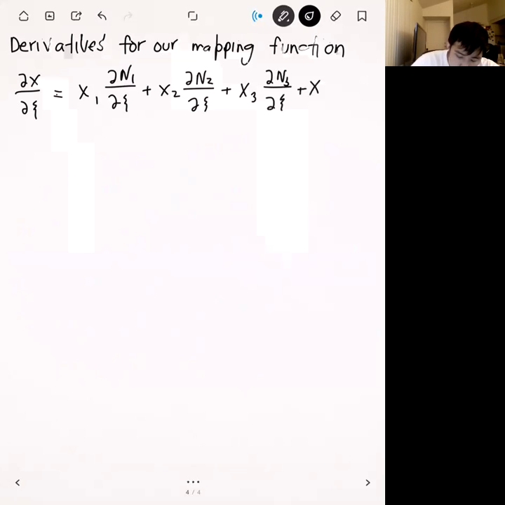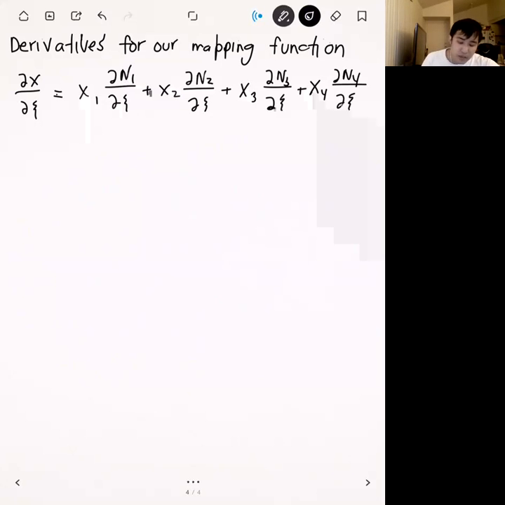Right, so I'll write out one of them in full, and the rest you can extrapolate from there. If we take partial x, partial xi, then we get x1 partial N1 partial xi, plus x2 partial N2 partial xi, plus x3 partial N3 partial xi, plus x4 partial N4 partial xi, okay?